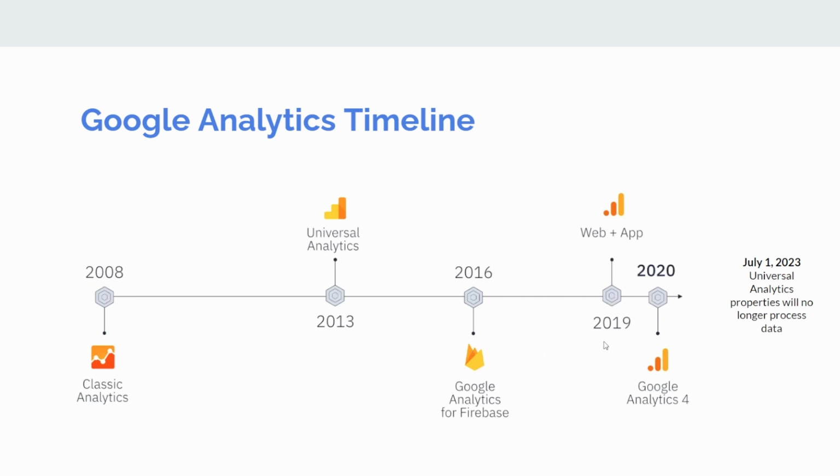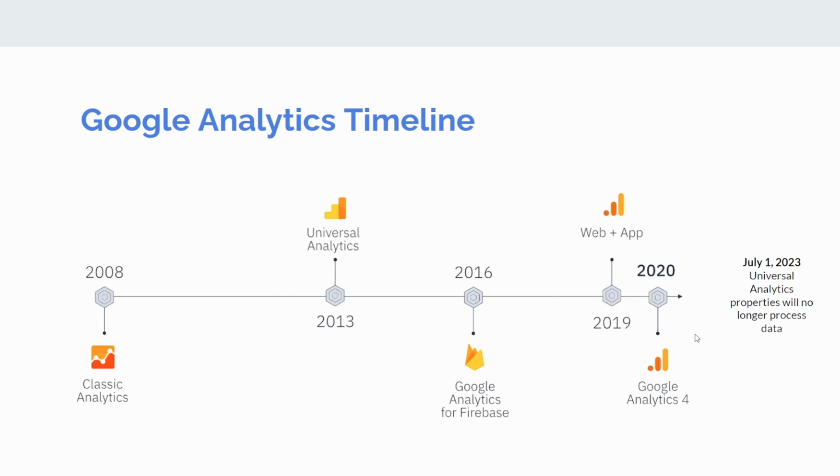In 2019, we got Google Analytics Web Plus App, which is basically an alpha of Google Analytics 4, because Google Analytics 4 makes it possible to collate web and app data in one analytics profile. So the GA4 officially launched in 2020.